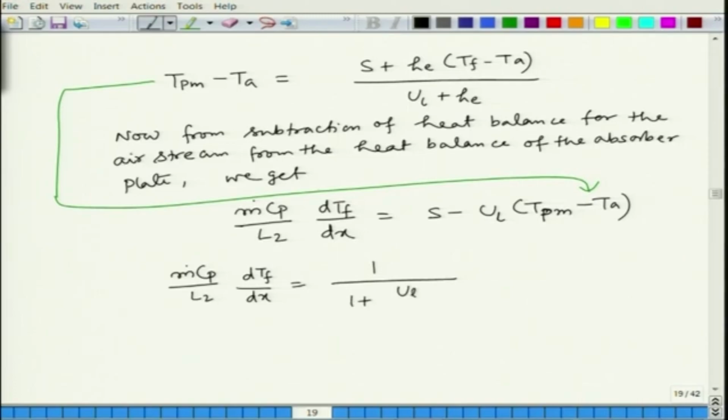One plus UL divided by HE, S minus UL (TF minus TA). Okay.